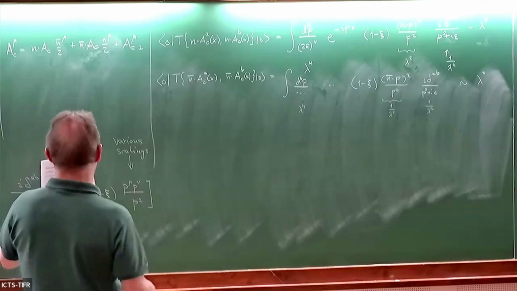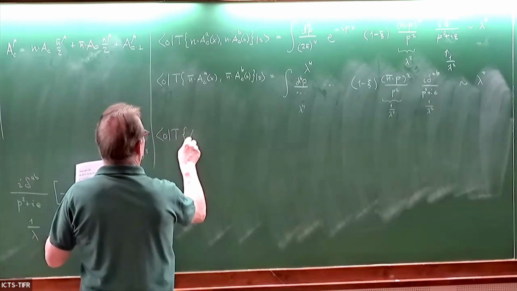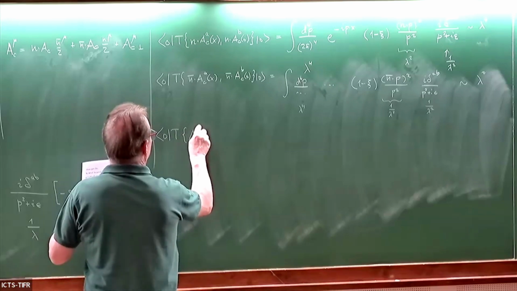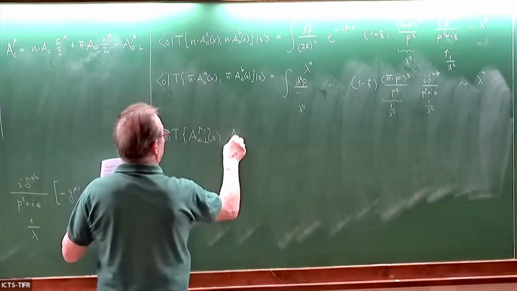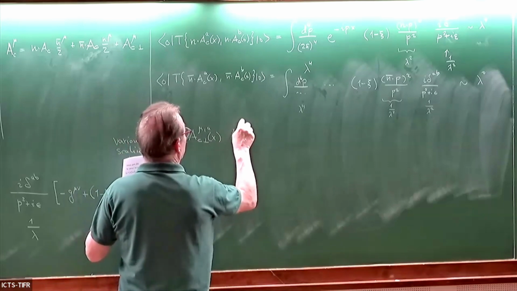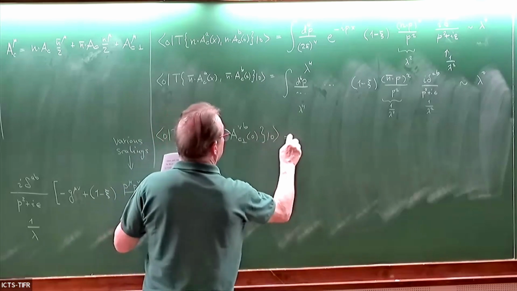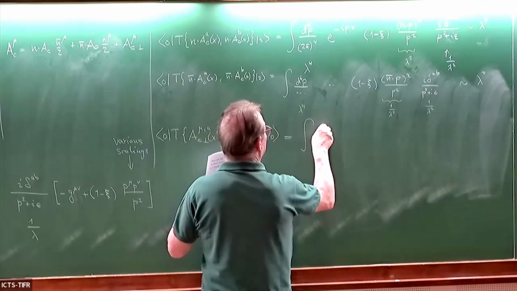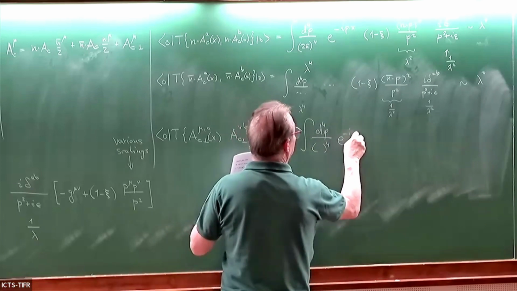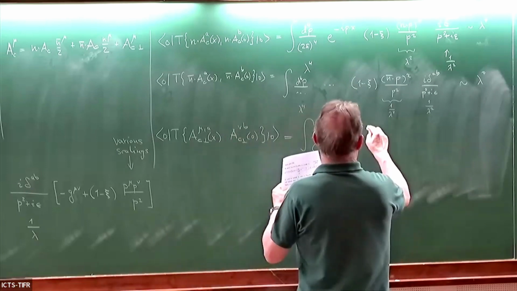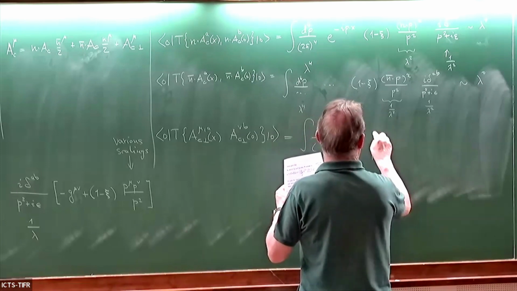Okay, and then finally we can look at the perp correlator, A perp mu, A perp nu. It is again d^4p, 1 over 2 pi to the 4, e to the minus i p x. And now here we get 1 over p squared plus i epsilon.